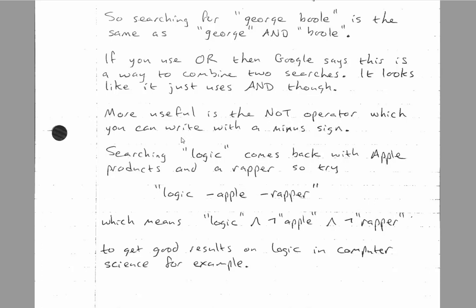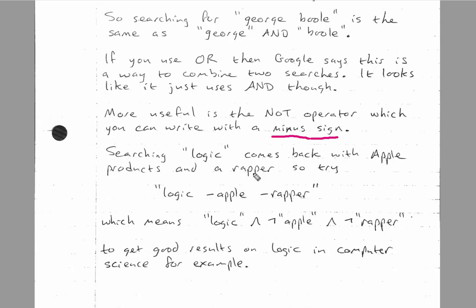But yeah, more useful thing when you're searching is the not operator. So if you're looking for one word and not another word, on Google you can write not with a minus sign. So for example here, yeah, if you search for logic on Google, you come back with an Apple product and a wrapper.